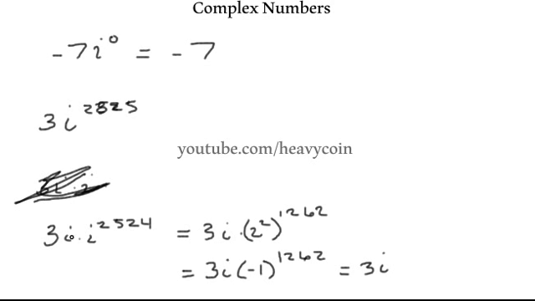We subtracted 1 there, add their exponents. Rewrite this as i squared raised to the 12th, because those two multiplied together give us 24. And i squared is negative 1, and a negative raised to an even power is going to be a positive 1, and so we're just left with 3i. So this guy is equal to 3i.